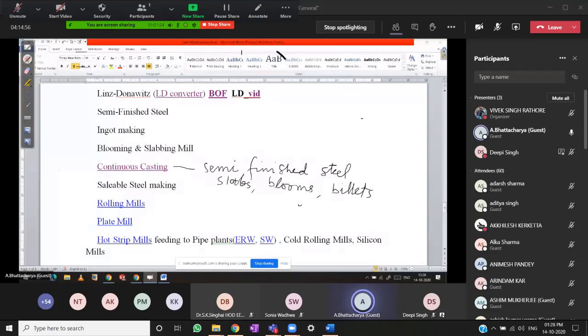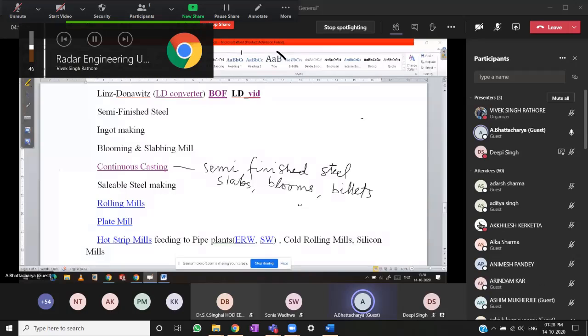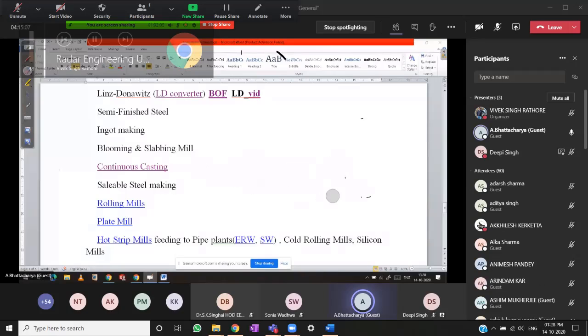Okay, so these I have shown you in the big setup. Semi-finished steels need further processing, which is done in rolling mills.